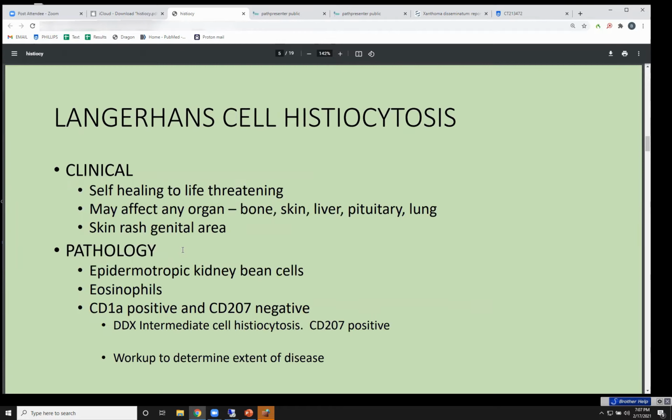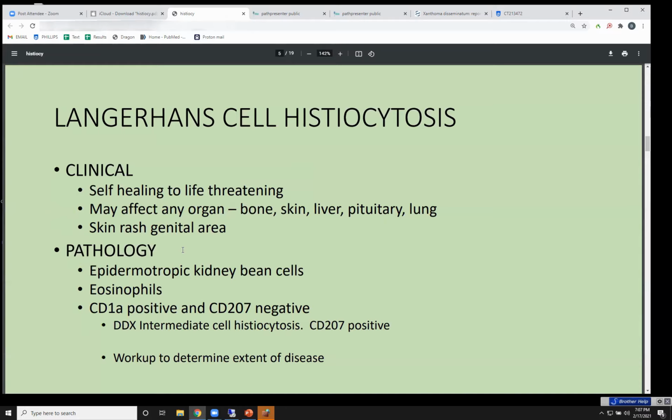So if we look at Langerhans cell histiocytosis, this can vary clinically from a self-healing disease to life-threatening disease, can affect any organ, and often we see this rash in the genital areas, erythematous plaques with scale sometimes. The pathology of this I'll demonstrate, but it's well known. It's epidermotropic kidney bean cells with a cleaved nucleus. There are often eosinophils in the infiltrate.